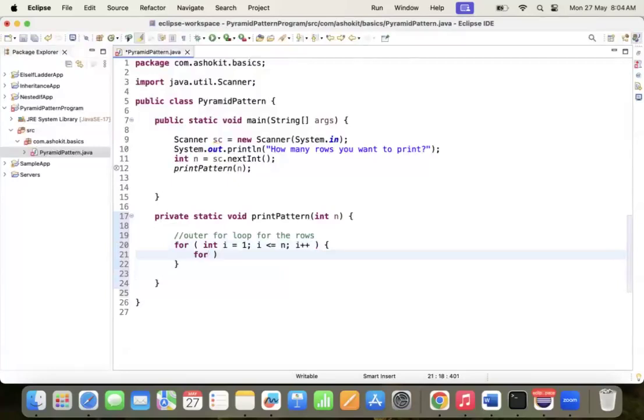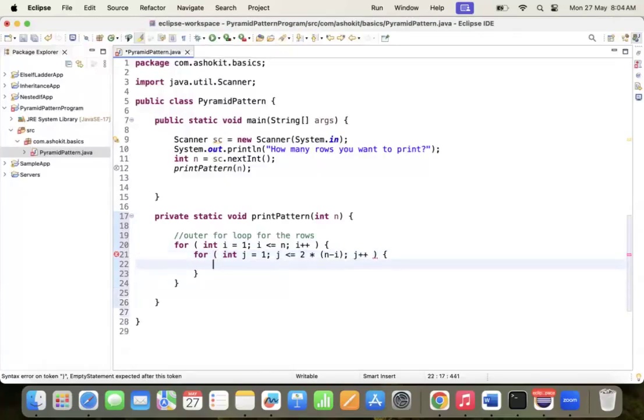For, let's say, int j equals 1, j less than or equal to, just now 2 into n minus i, j plus plus. This is for spaces, and I'll leave a comment there.